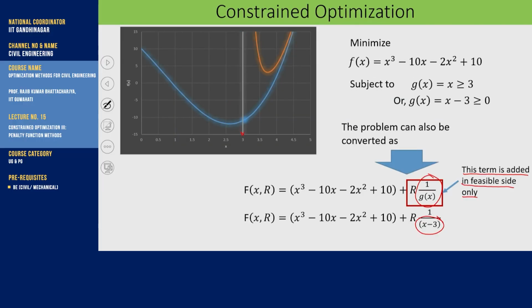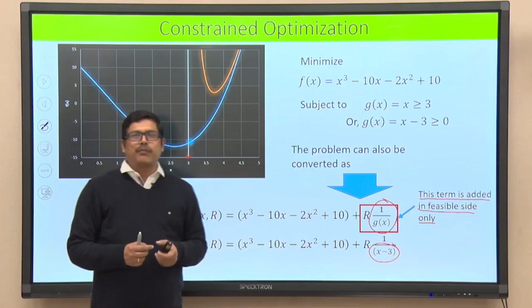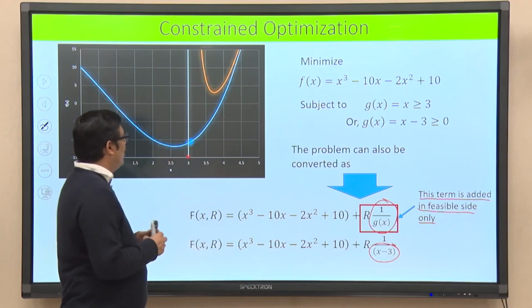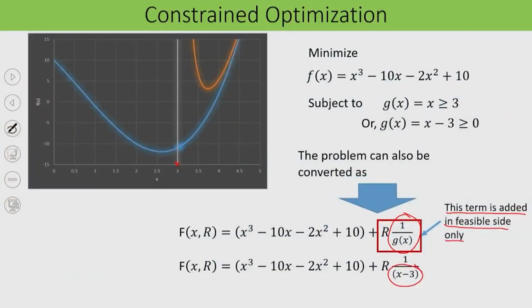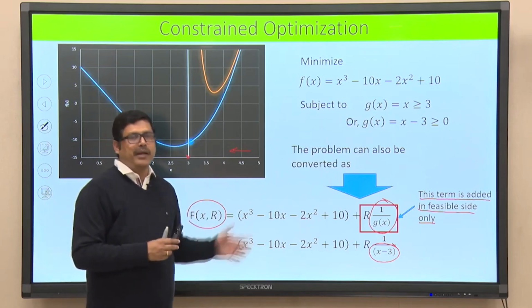So, you are penalizing the solution as you approach the optimal solution, and at x equal to 3, 1 by g(x) will be infinity. Therefore, if you start your iteration from the feasible side and go towards the boundary, at the boundary this capital F(x, r) value will be infinity. So, you will not be able to cross that boundary. Okay. So, this is acting as a barrier in this case.